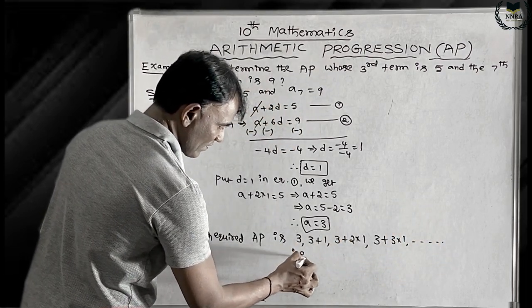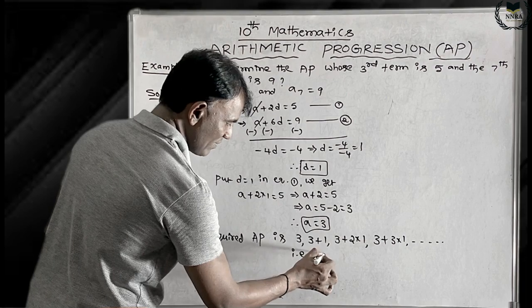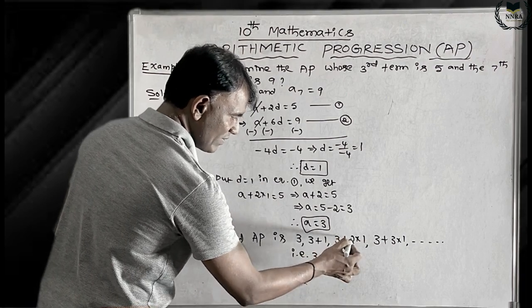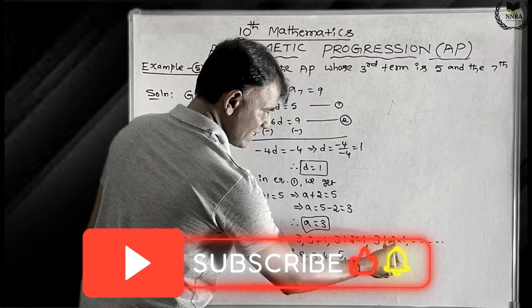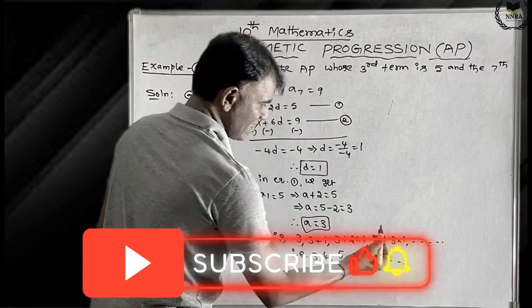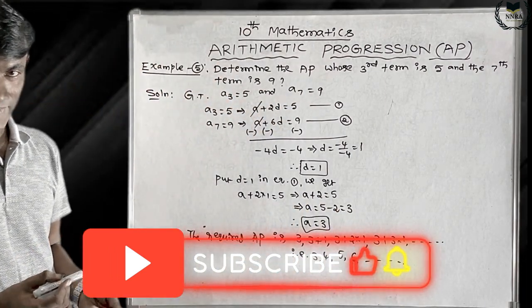That is, the first term is 3, then 3 plus 1 is 4, 3 plus 2 into 1 is 5, 3 plus 3 into 1 is 6, and so on. That is the required arithmetic progression AP. Clear?